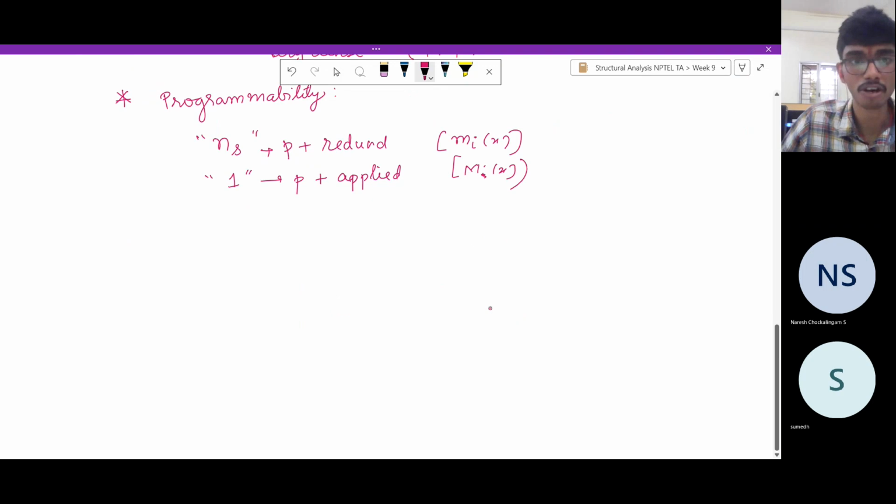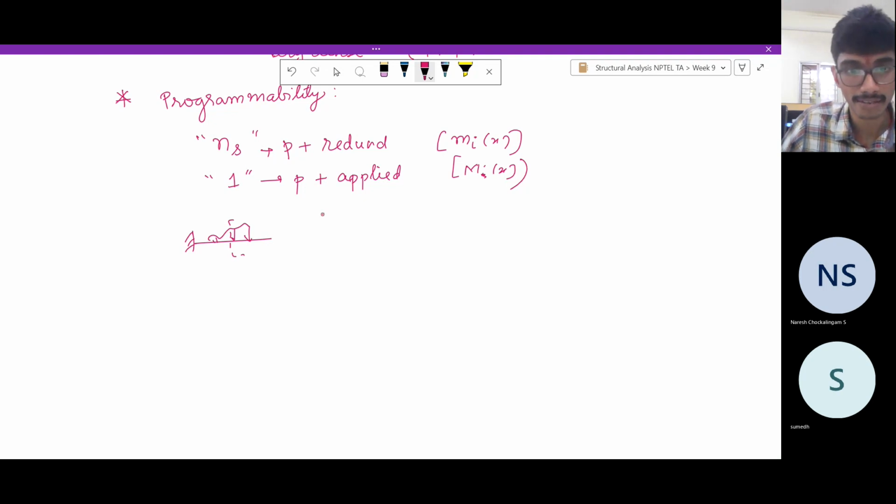Now this is not a programmable task. So why is it not programmable? Suppose this is a primary structure, right, with some load distribution. We are required to determine the bending moment throughout this. That requires taking a section at some point and finding the distance. All this is in general not a programmable task.